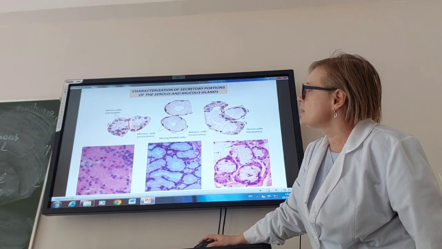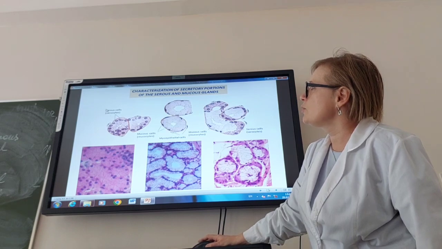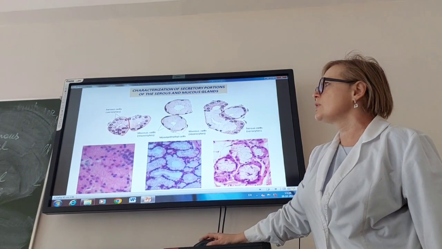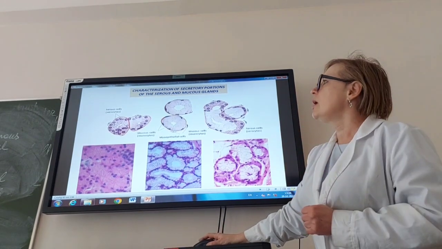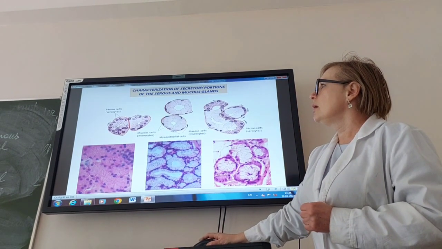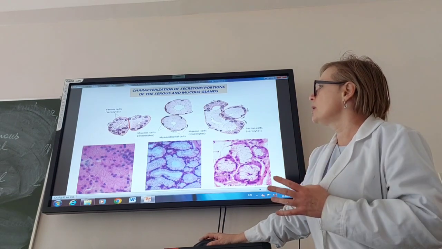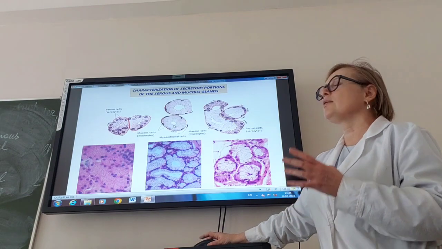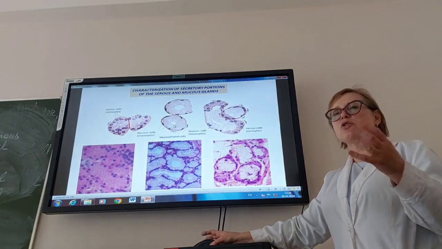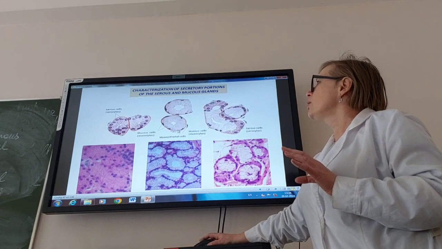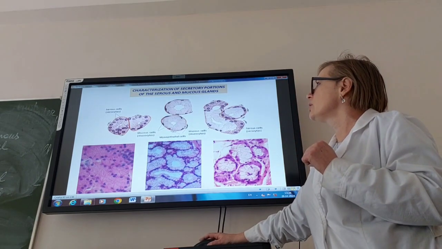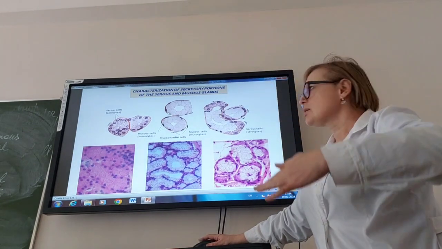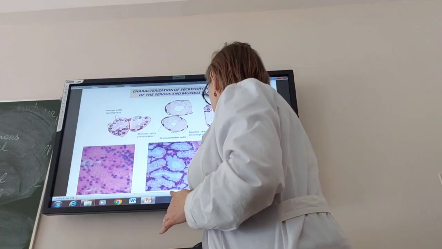For example, we can see a secretory portion, which consists of serous cells that produce protein. So, cytoplasm of this cell is well stained. They have round nuclei in the middle or in the basal part. This is a mucus cell, whose cytoplasm is unstained or very pale stained because of mucus content, with flattened shape of the nucleus, in the basal part of this cell.